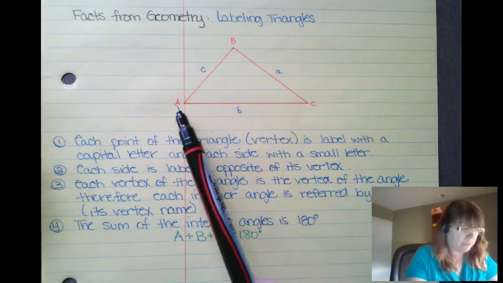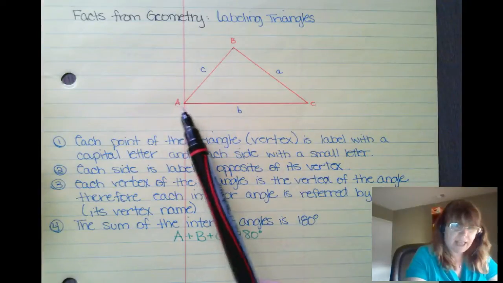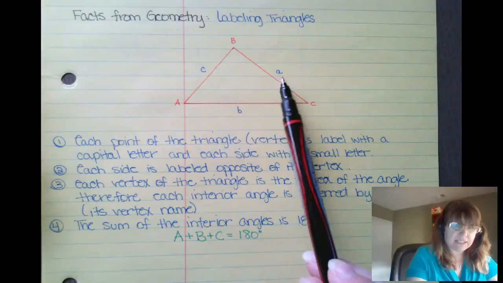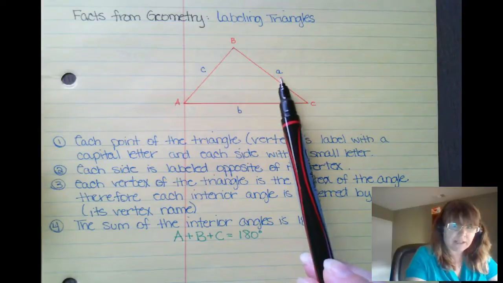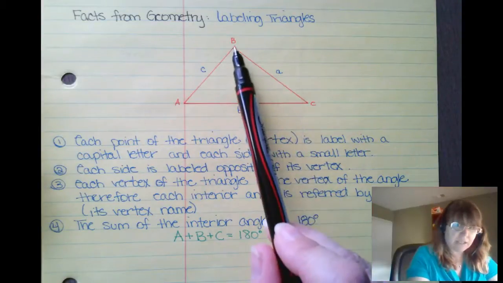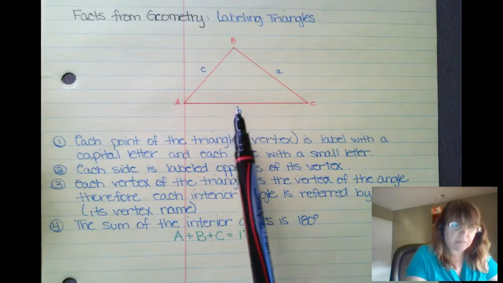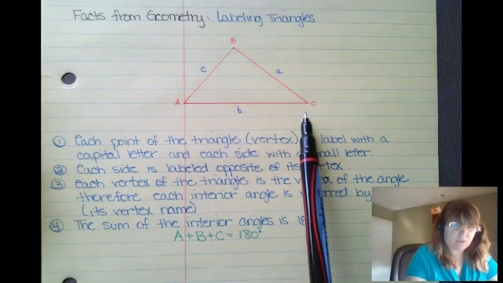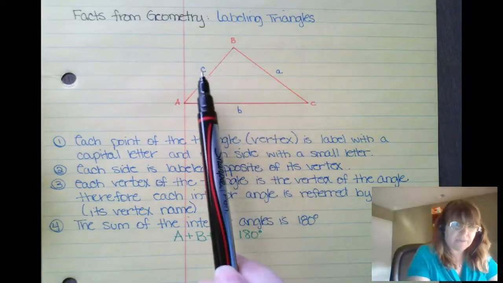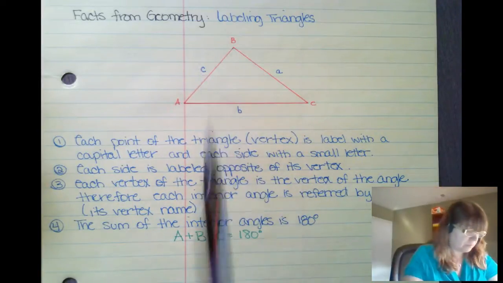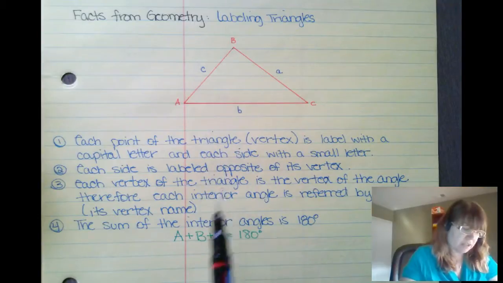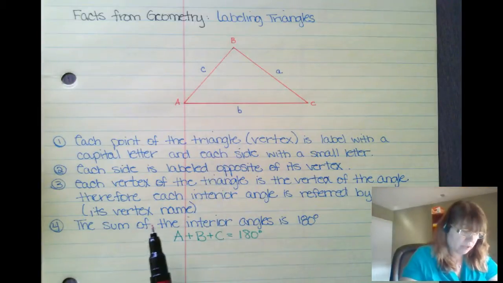For example, this vertex is labeled A. The opposite side is labeled a, but it is a small letter a. B, straight across opposite of it, is the side b. And C, directly across from C, is the side c. Each vertex of the triangle is the vertex of an angle.